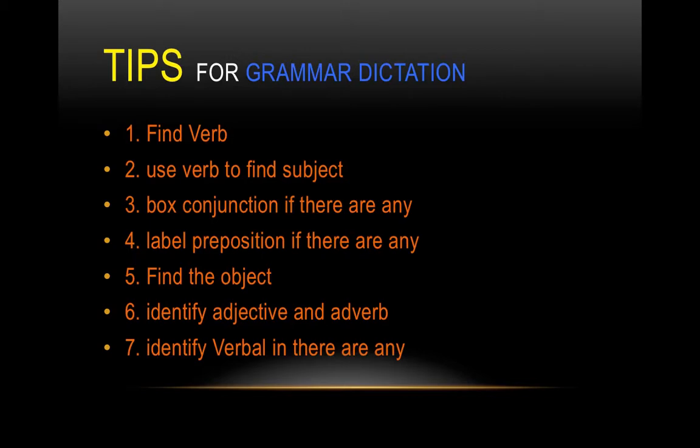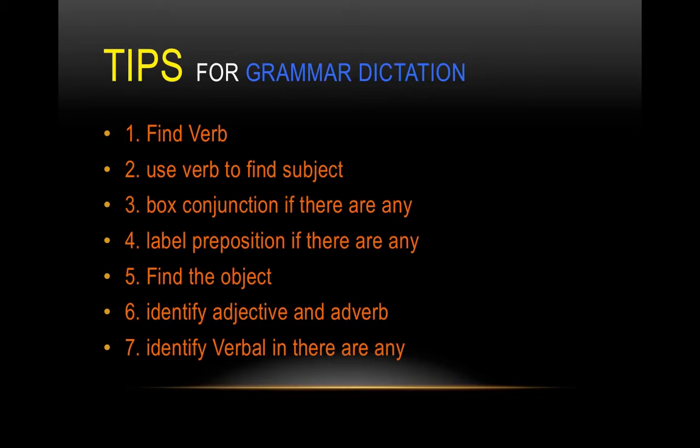After checking conjunctions, we're going to label prepositions if there are any. And after labeling prepositions, we will find the objects of the sentence. And after we find the objects, we can identify the adjectives and adverbs and check if each word is an adjective or adverb.